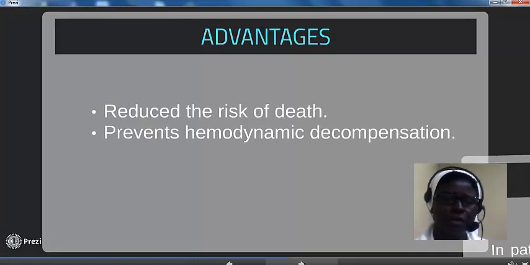Advantage: reduce the risk of death, prevent hemodynamic decompensation.